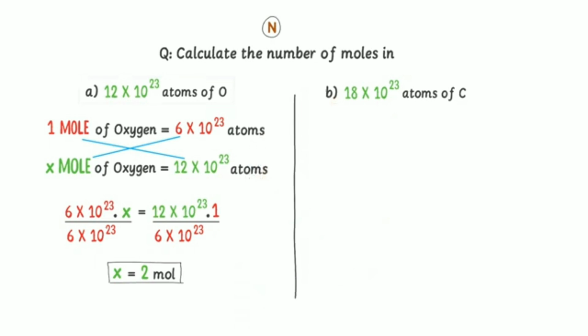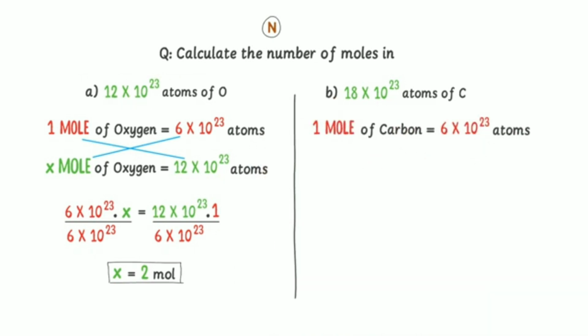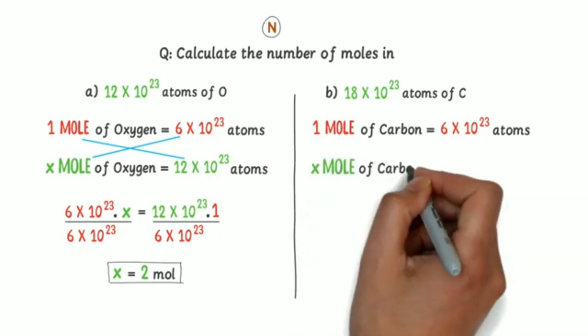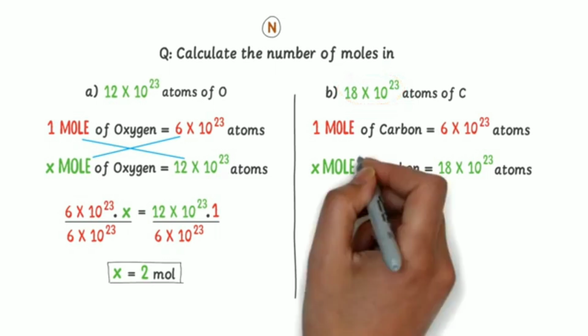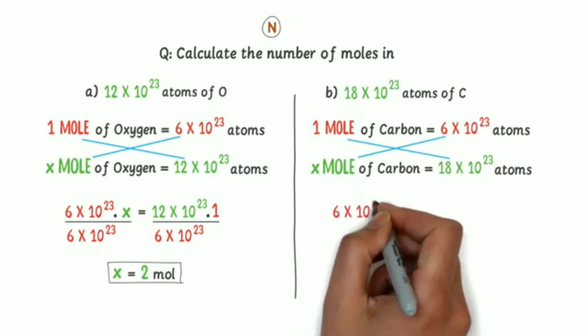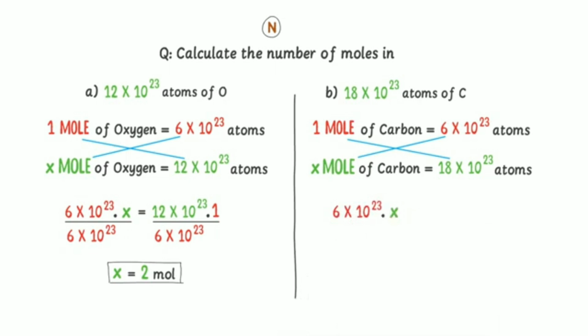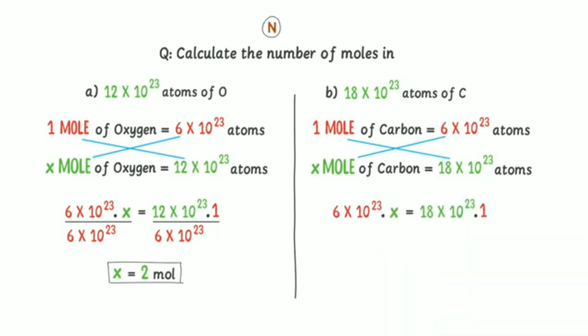Secondly, in case of carbon, 1 mole of carbon contains 6 into 10 to the power 23 atoms. Let in X moles, there are 18 into 10 to the power 23 atoms of carbon present. Now cross multiply them. I get 6 into 10 to the power 23 into X is equal to 18 into 10 to the power 23 into 1.